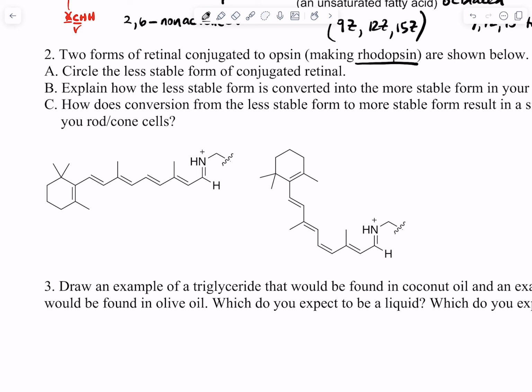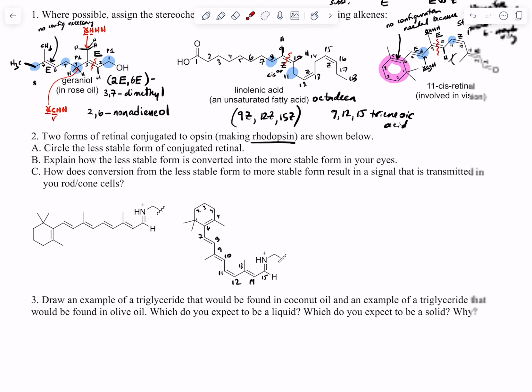And if we start here, 1, 2, 3, 4, 5, 6, 7, 8. Okay, 7, 8, 9, 10, 11, 12, 13, 14, 15. You can see that this used to be the aldehyde carbon, and now instead of the aldehyde oxygen, there's a nitrogen, and the nitrogen's attached to something else.